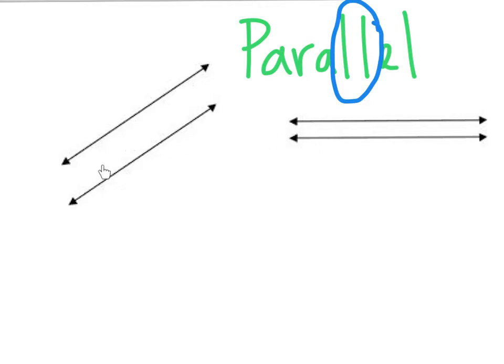Parallel means that two lines will run side by side next to each other and never intersect. So when you're doing a vocabulary test or you come across the word parallel and you're like, oh gosh, I can't remember what parallel means, look at those two L's because that's a perfect example. These two lines, they'll run side by side and never intersect with each other.